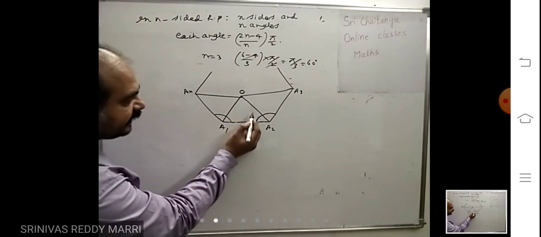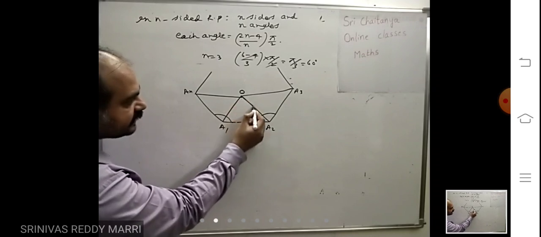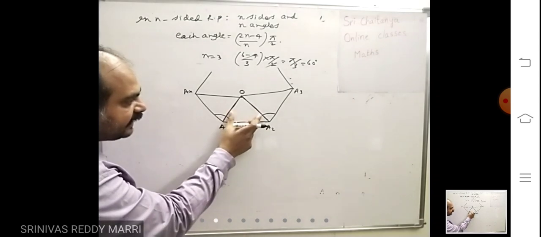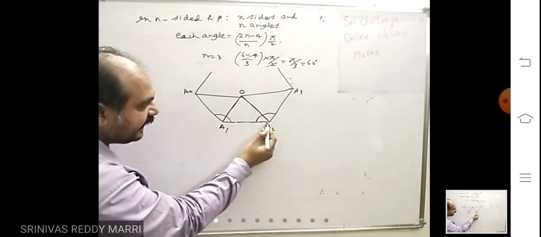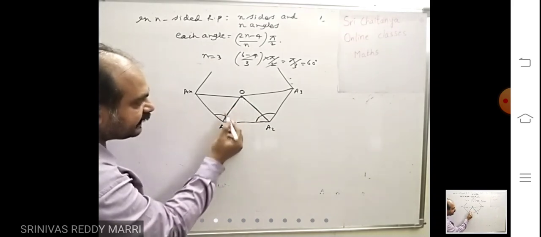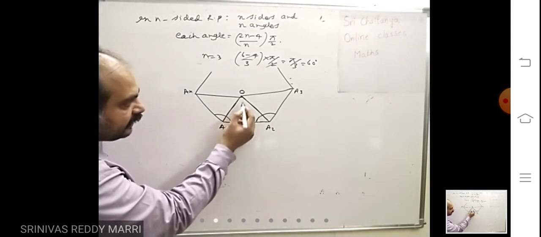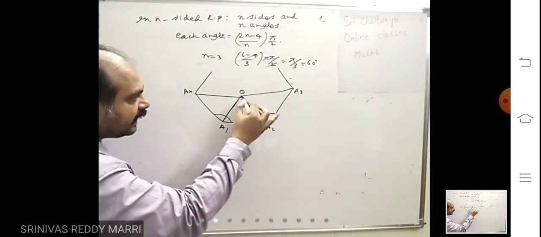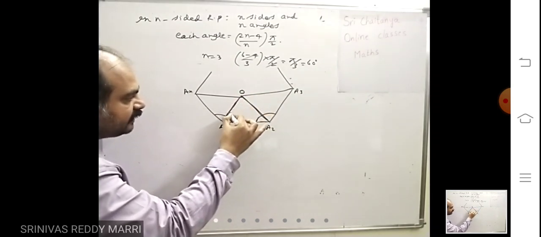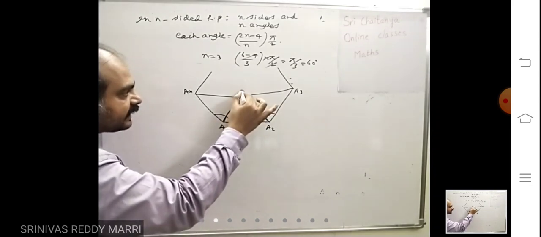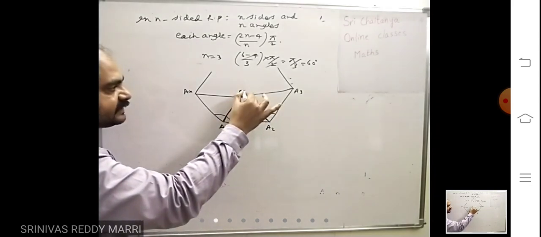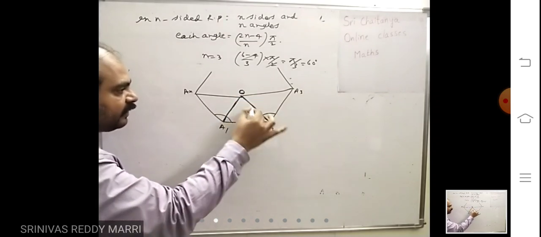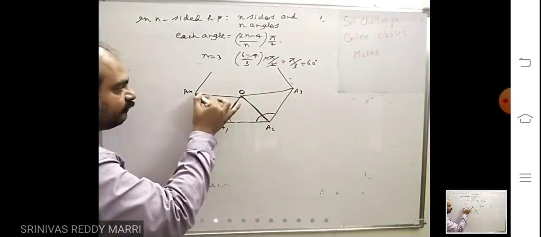Now if you look at here, this triangle is there. Like that, n triangles will be there. This is one triangle. I have joined this side to the center. One triangle is formed. In that, this distance and this distance will be equal because it is the circumcenter also, so it will be equidistant: OA1, OA2, OA3, OAn.